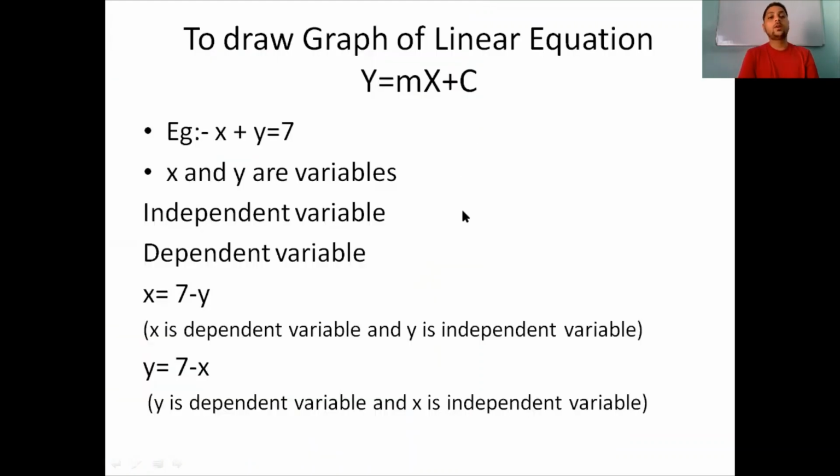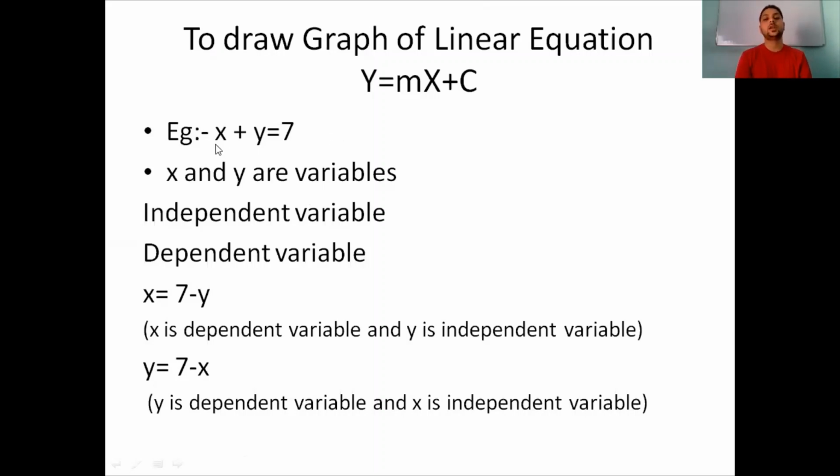Now, whenever we draw a graph, we can have any variable as the dependent or independent variable. For example, we have the equation x plus y is equal to 7.